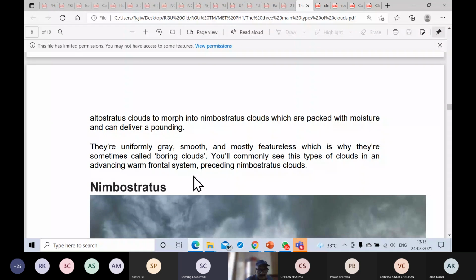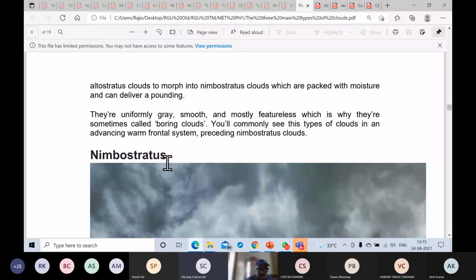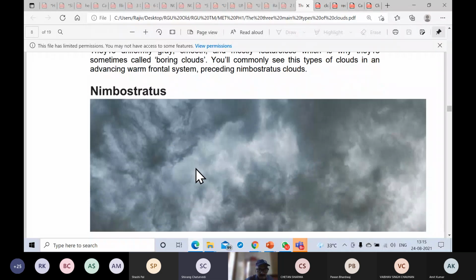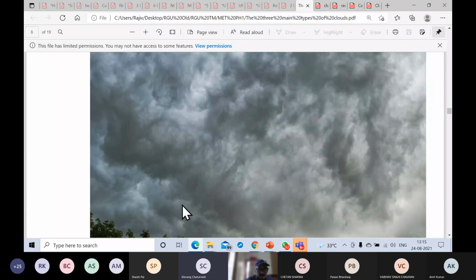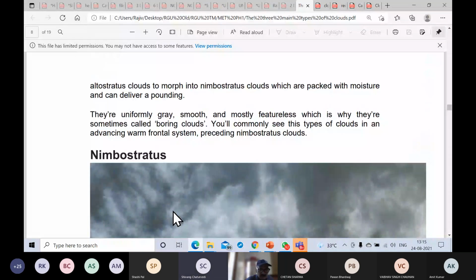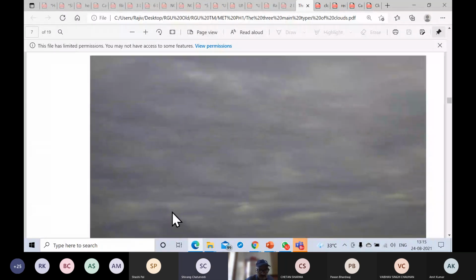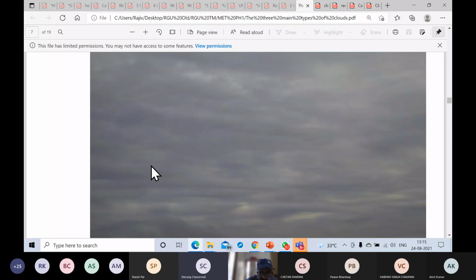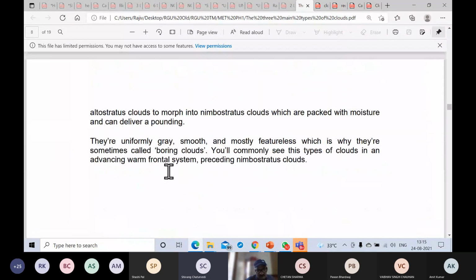Now, what is happening is this altostratus can then morph or graduate into what is called nimbostratus. Nimbostratus is definitely rain bearing. When we say weather associated, we need to clearly understand that altostratus may not bring rain, but altostratus can gradually grow into nimbostratus, which is rain bearing.